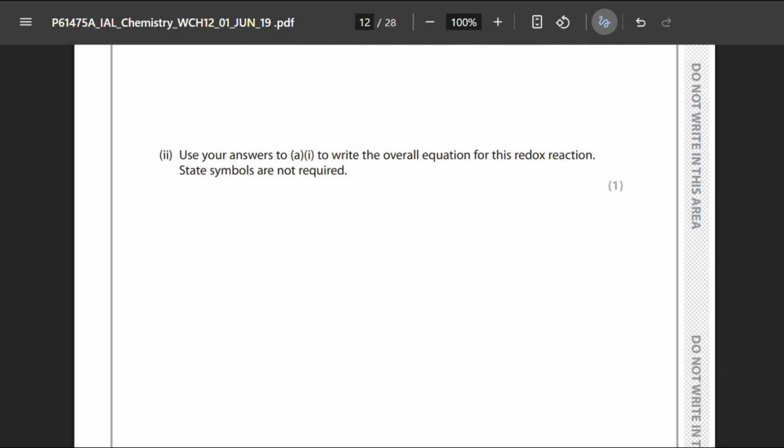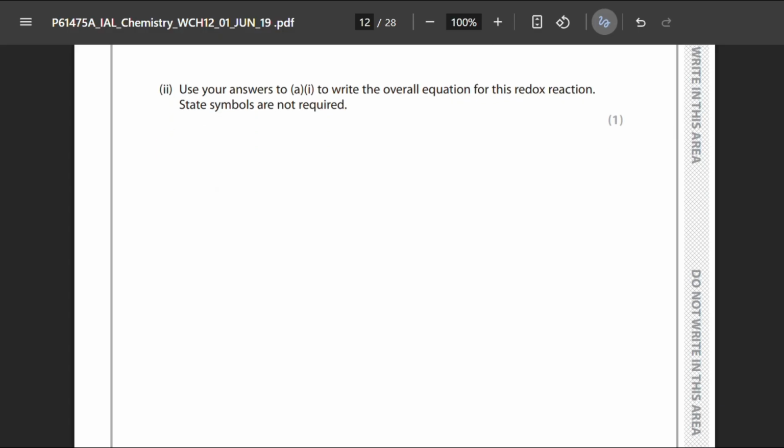Use your answer A1 to write the overall equation for this redox reaction. Now the overall equation for this redox reaction includes the equation of both oxidation as well as reduction.